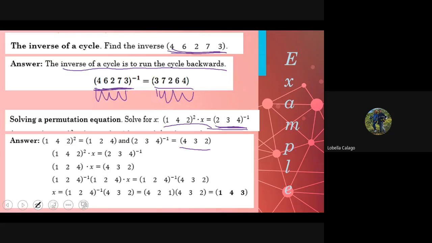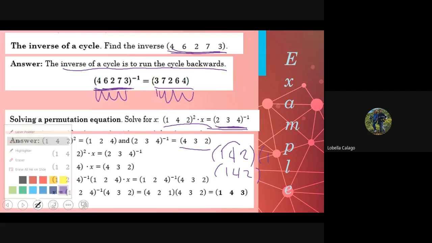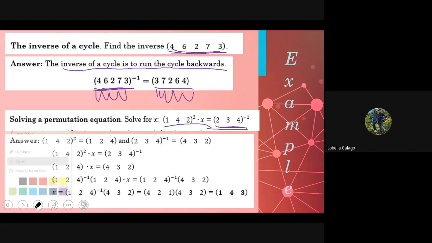Actually, meron kasi itong problema. Kasi there's something wrong with this one, yung binigay niya.